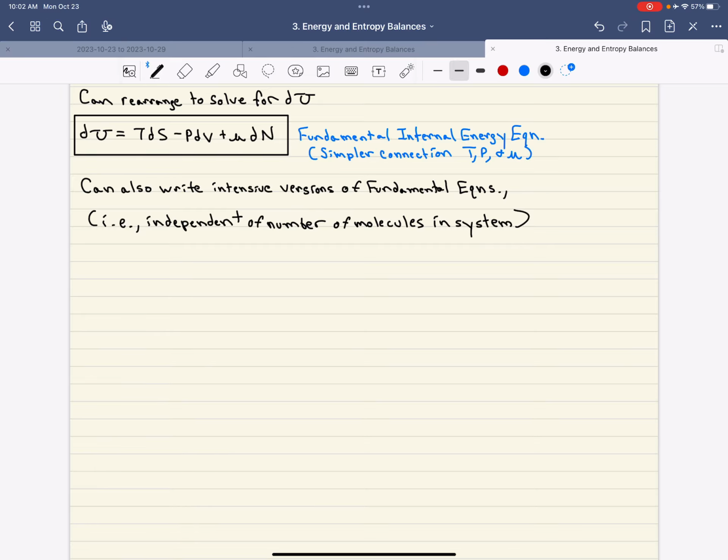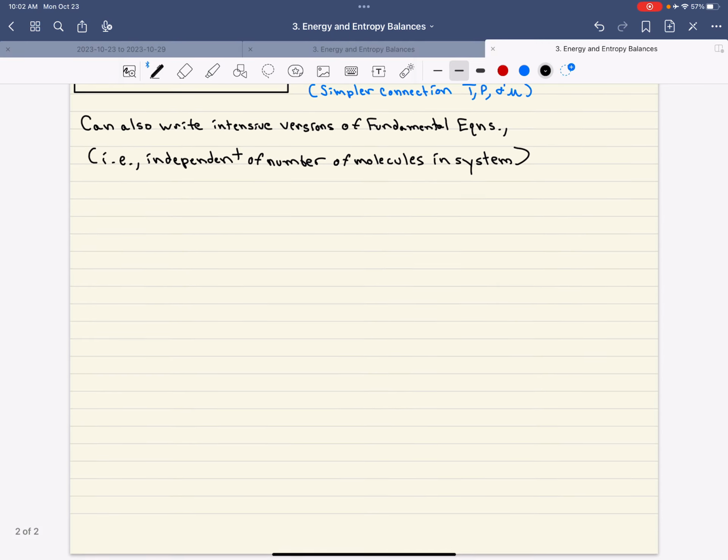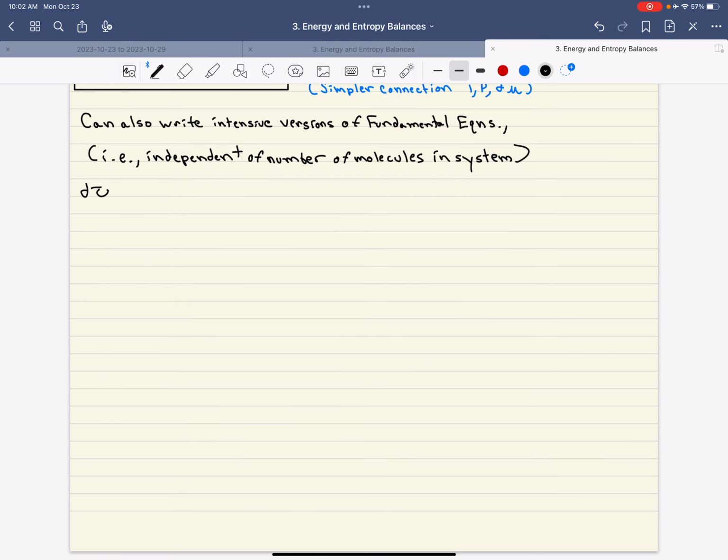And so in order to develop intensive versions of the equations, what we'll do is with the internal energy fundamental equation, we'll just take dU and we'll divide it by N. And that will give us essentially the molar internal energy. Right? And so if we divide the left-hand side by N, we're going to divide the right-hand side by N as well.